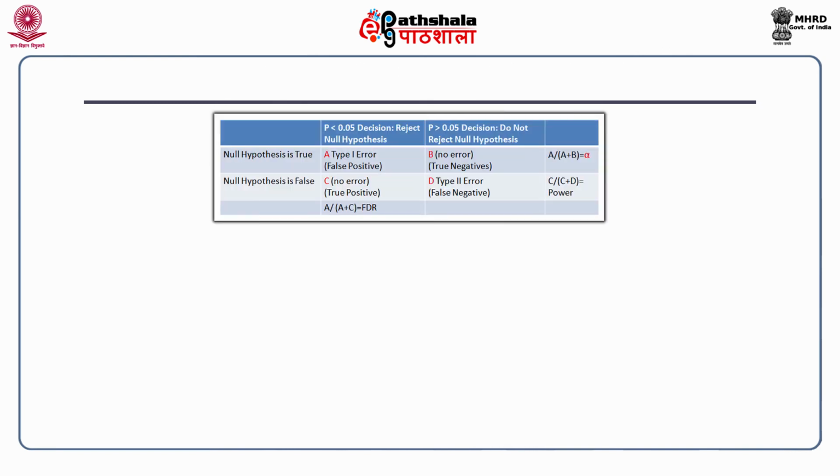Now coming to further things beyond the level of significance, which I already explained. There is something called statistical power and false discovery rate. I will tell you what it is. As you can see in this slide, when the null hypothesis is true and the decision is to reject the null hypothesis, that's an error. That is called a false positive or type 1 error.